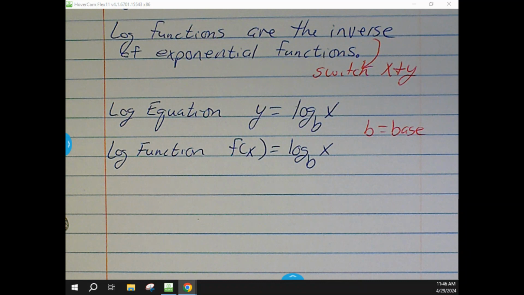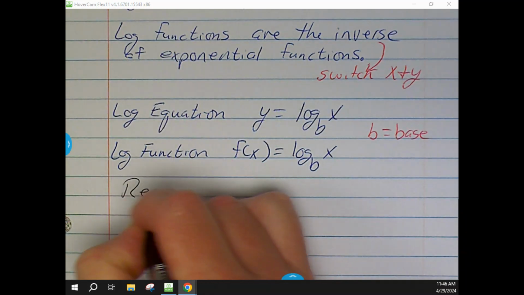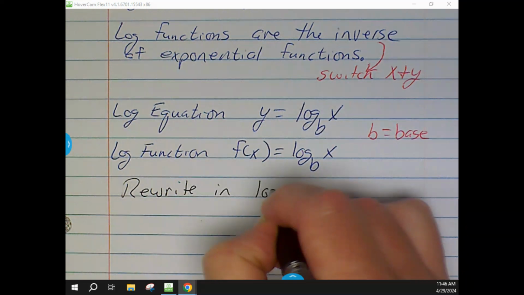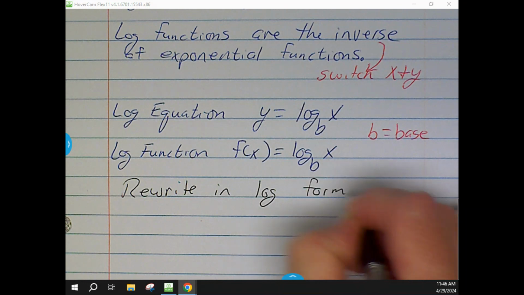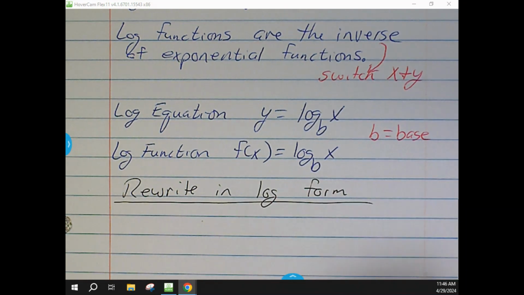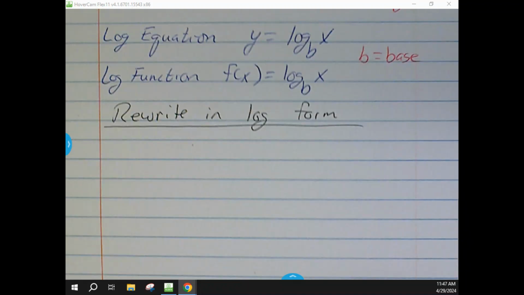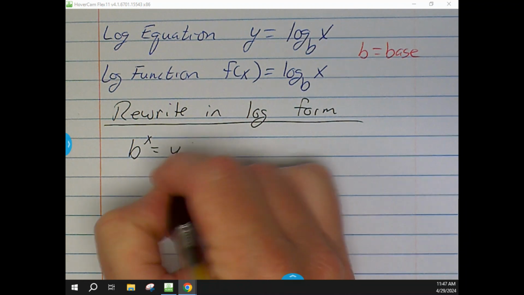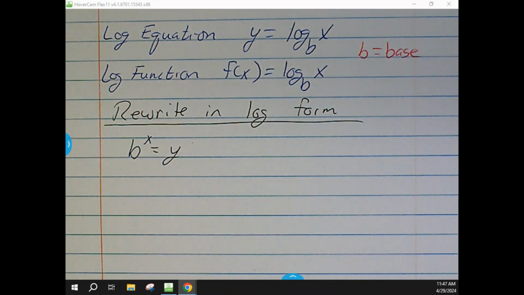Okay, so the very first thing we're going to do is rewrite some problems in log form. So we're going to start with b to the x equals y.